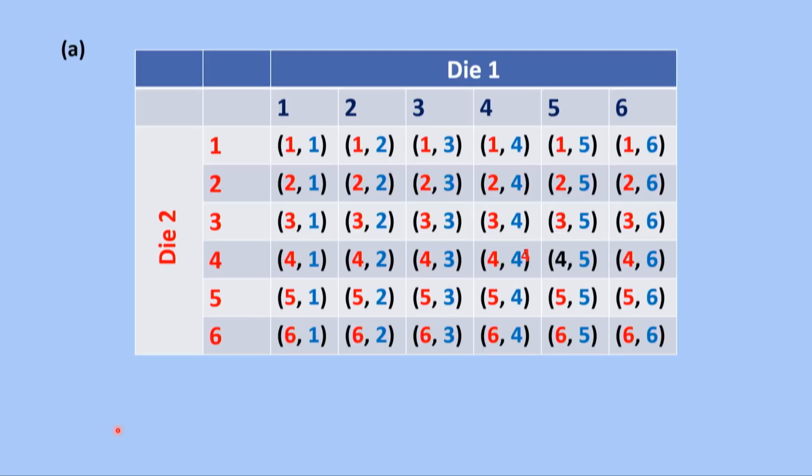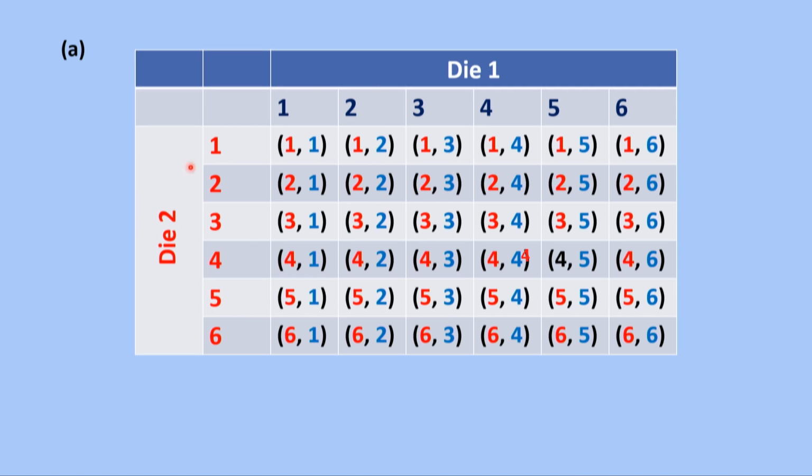So, first part, we need to draw our possibility diagram. For the first die, we will have the following possible outcomes: 1, 2, 3, 4, 5, 6. For the second die, we will have the following possible outcomes: 1, 2, 3, 4, 5, 6.